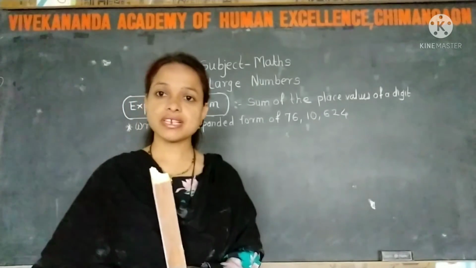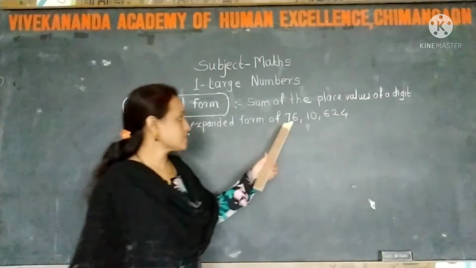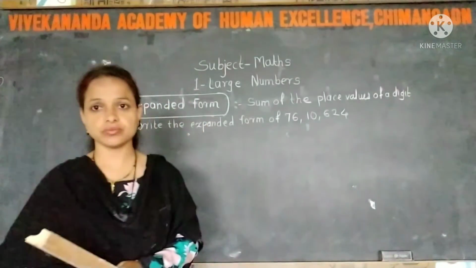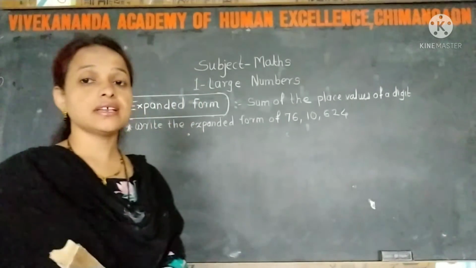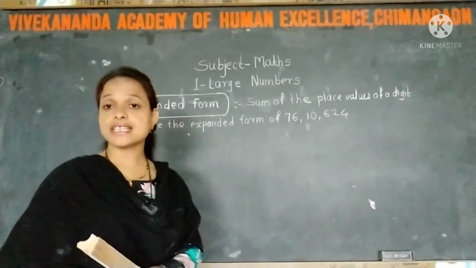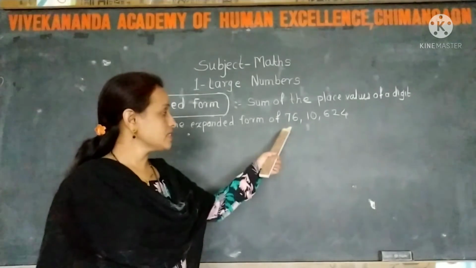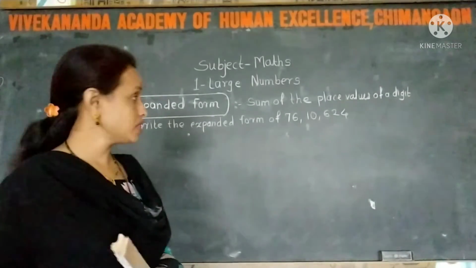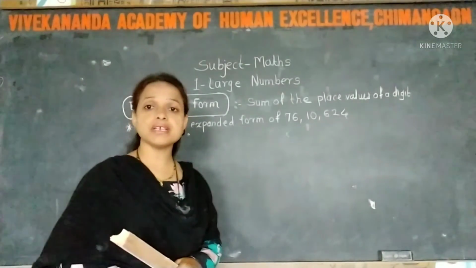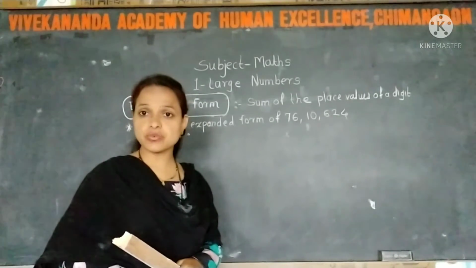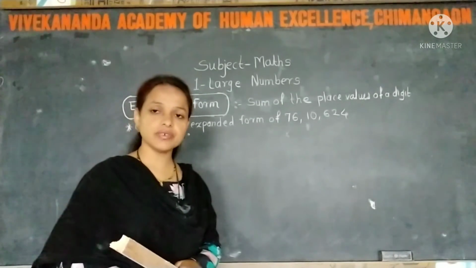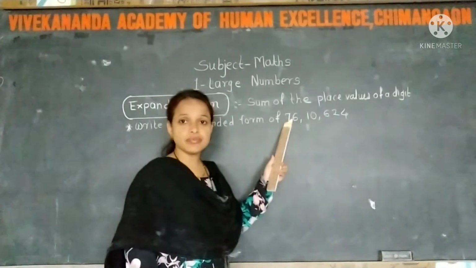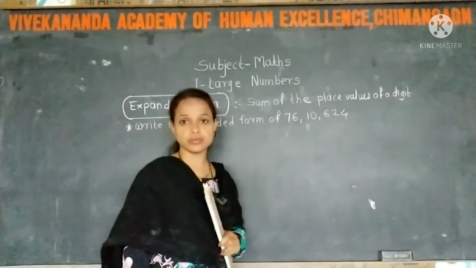So here we will consider a number, 76,10,624. We have to write the expanded form of 76,10,624. Just now we have seen that expanded form is the sum of the place values of the digits. So first of all we have to find the place value of each digit in the given number. First we will find the place value of digit 4.